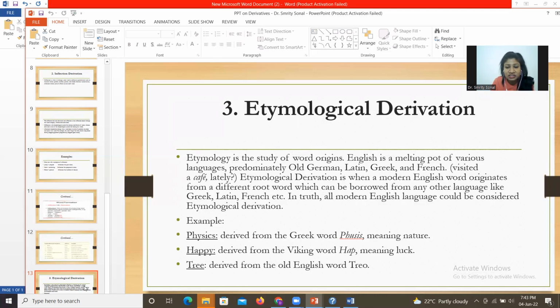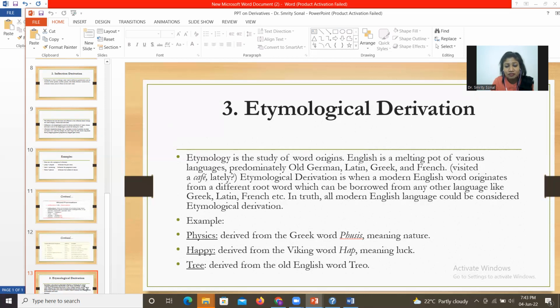For example, physics is not from English. It has been derived from the Greek word physis, meaning nature. Similarly, happy is derived from the Viking word hap, meaning luck. And tree is derived from Old English, meaning trio. There are various other words which also find their root in different languages.